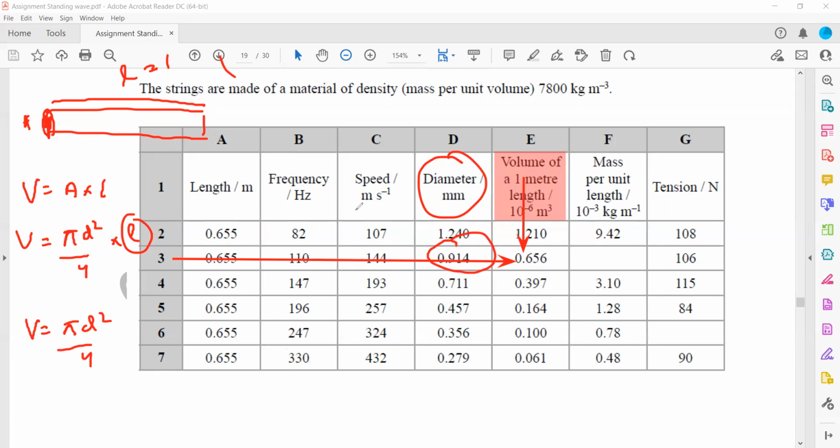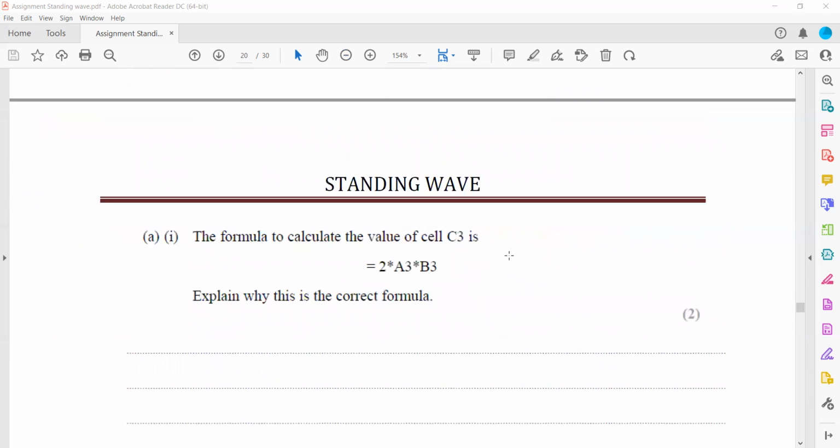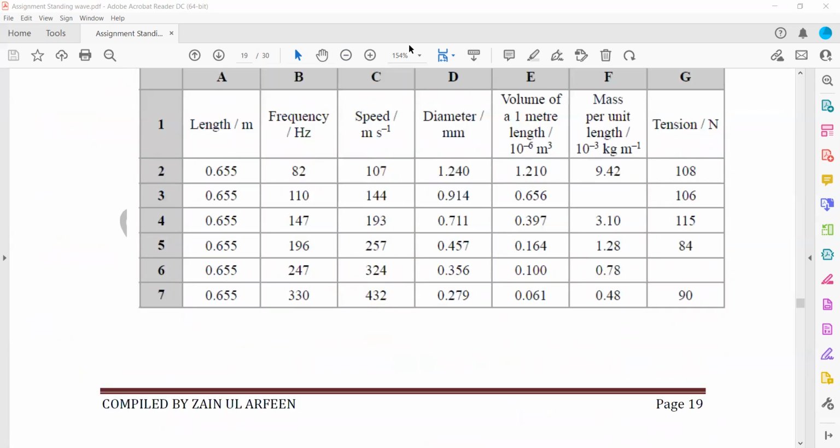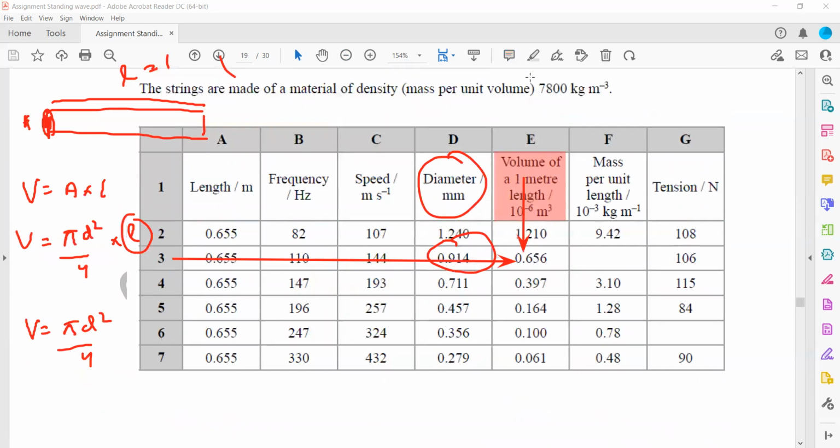As they ask in the question how we will work out E3, which is the volume of 1 meter length, the formula is pi d square by 4, where d is the diameter. Which cell will we use? We should use D3. So it will be pi D3 square by 4.